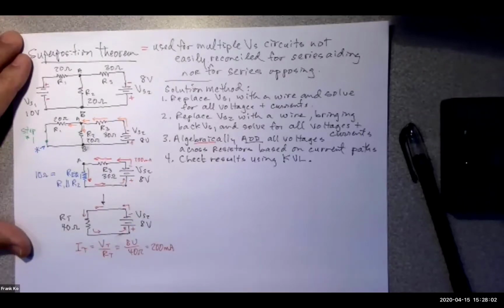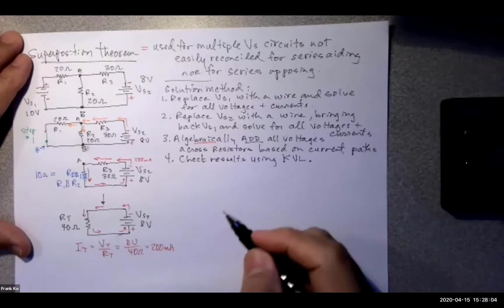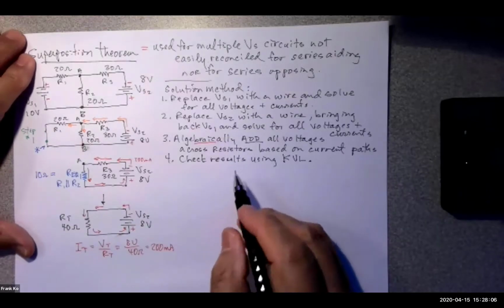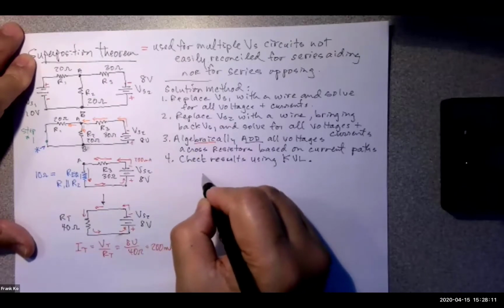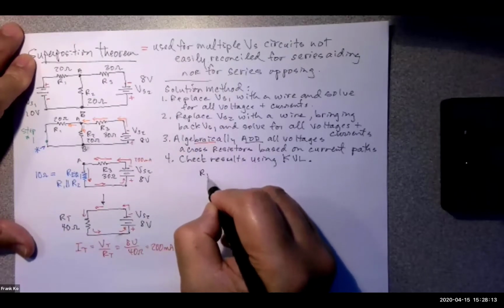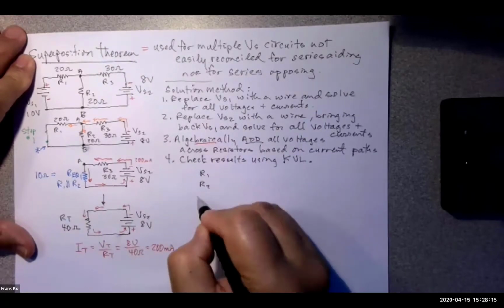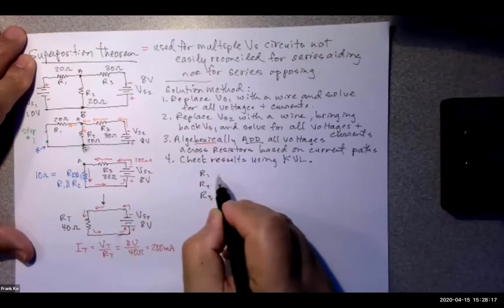Guess what? Do I happen to have a final direction of current through R3? I do. So it means I can start setting up a very special table. And this very special table will be set up for R1, R2, R3.